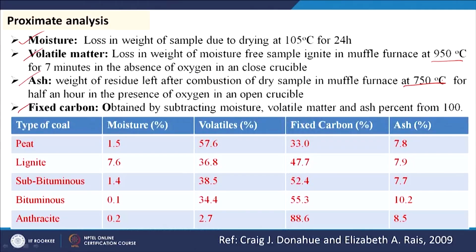Then we will take this material and heat it in presence of oxygen, so that the carbon and hydrogen present in it will be converted to CO2 and H2O. That carbon and hydrogen basically is from the volatile matters. So, during this process, in presence of oxygen, we heat for a longer period at moderately lower temperature, that is given as 750 degree centigrade and half an hour duration.